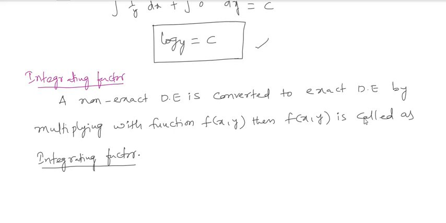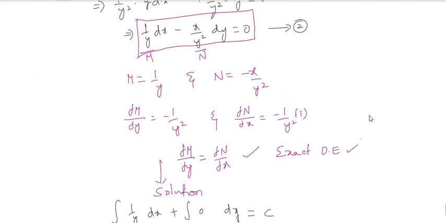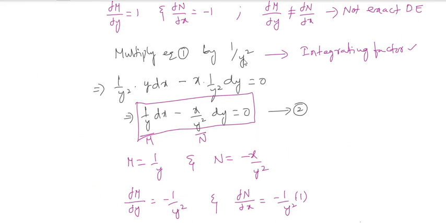So this is the part of that criteria. A non-exact differential equation is converted into an exact differential equation by multiplying with a factor, that is a function f of x comma y. Earlier in this problem we multiplied with 1 by y square. This 1 by y square I call the integrating factor.